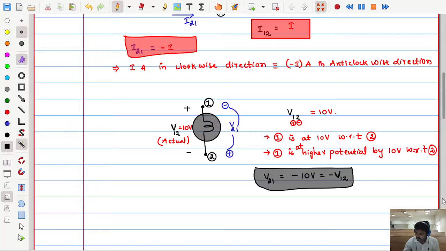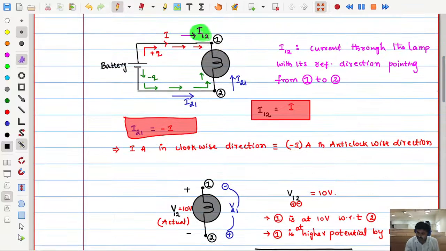Okay. So with respect to one direction, that is positive charge direction, if the real current is, let us say, 4 amperes, then you can say that I12 is equal to 4 amperes, whereas I21 is minus 4 amperes. That's all.